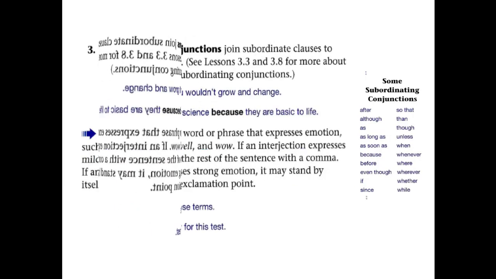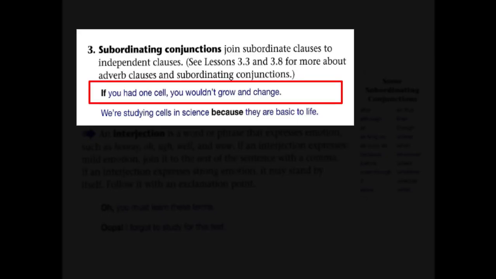Number 3, subordinating conjunctions. Subordinating conjunctions join subordinate clauses to independent clauses. For example, if you had one cell, you wouldn't grow and change. In this example, if you had one cell is a dependent clause, or you can call it a subordinate clause.